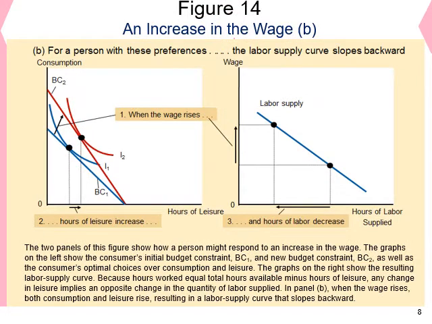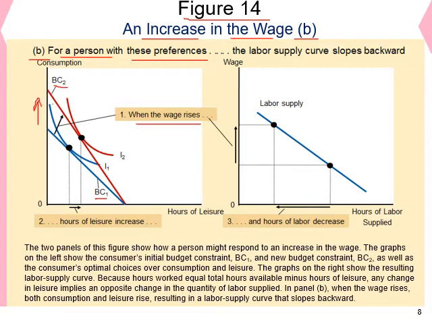Again, from figure 14, an increase in the wage, panel B. Panel B displays a person with these preferences. When the wage rises, the budget constraint BC1, the blue line, will rotate up to BC2, the red line.